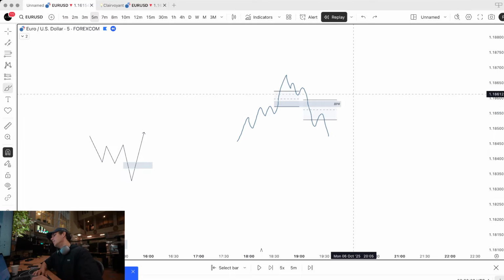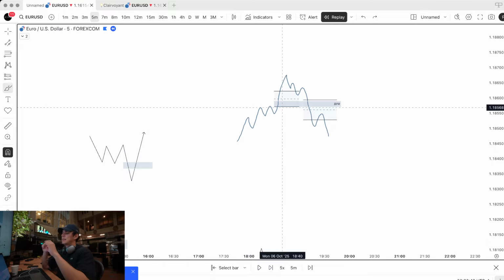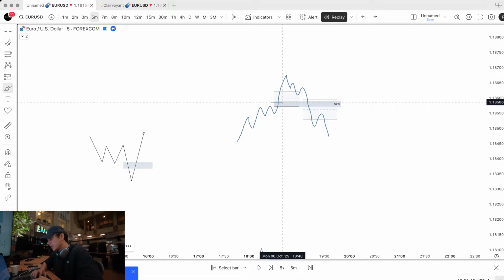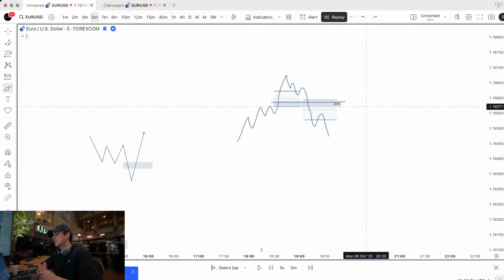Don't worry about it. A BPR suggests that in that gap to the upside and to the downside, in that inefficiency, we have an area where price is overlapped on both ends, suggesting that that is an area where price is balanced, right?